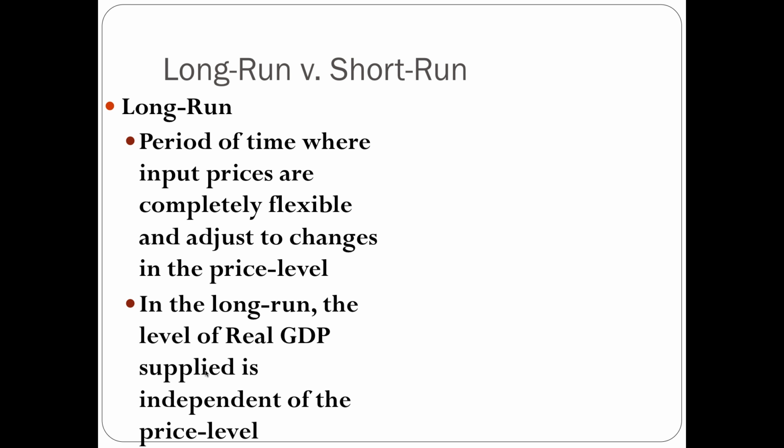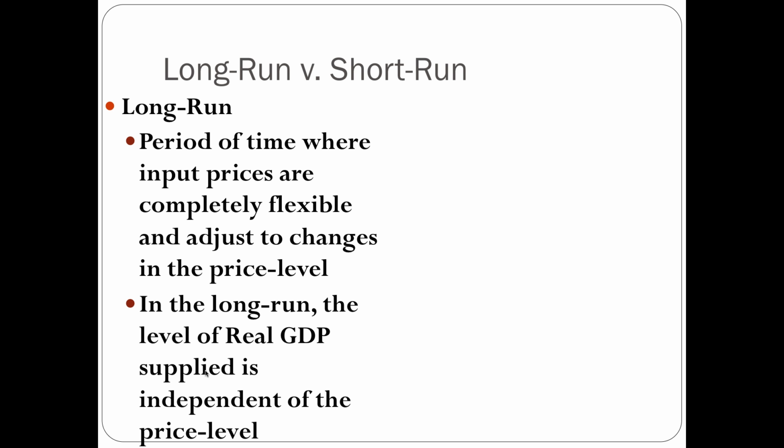So in the long run, the level of real GDP supplied is going to be independent of the price level. For example, in the long run, it's important to keep in mind that input prices, and wages are a huge input price, are going to be completely flexible and will adjust. So let's say there's a higher price level in an economy.